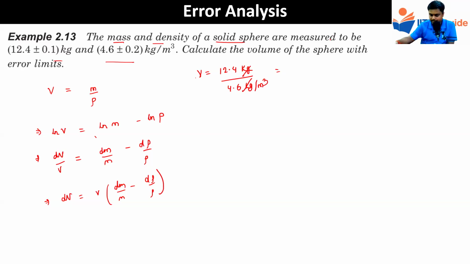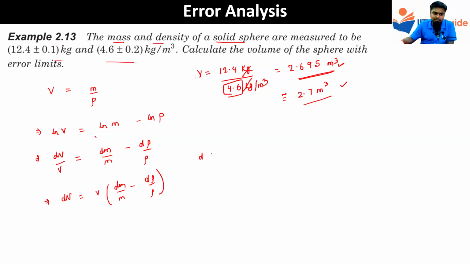It is 2.695 meter cube. But we have to write it in two significant figures because the least number of significant figures has to be recorded. So this is going to be 2.7 meter cube. Okay, so this is V.